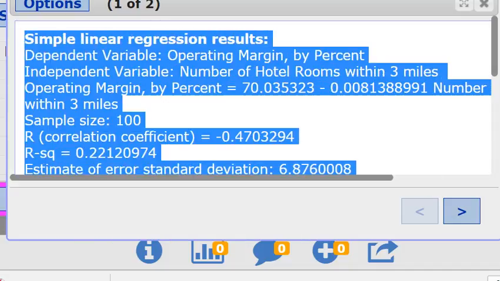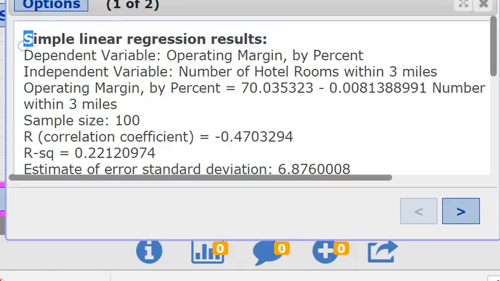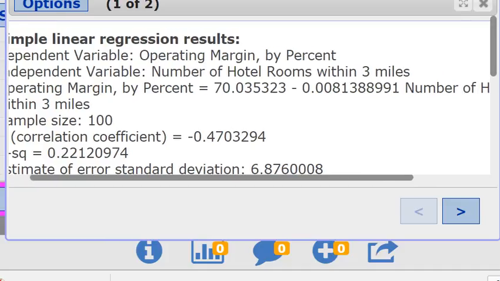Let me see if I can just escape. That doesn't work, so there we go. I'm happy that it's gone. Our equation is given right up here in the results. Operating margin by percent is 70.03 minus 0.008 times the number of hotel rooms.